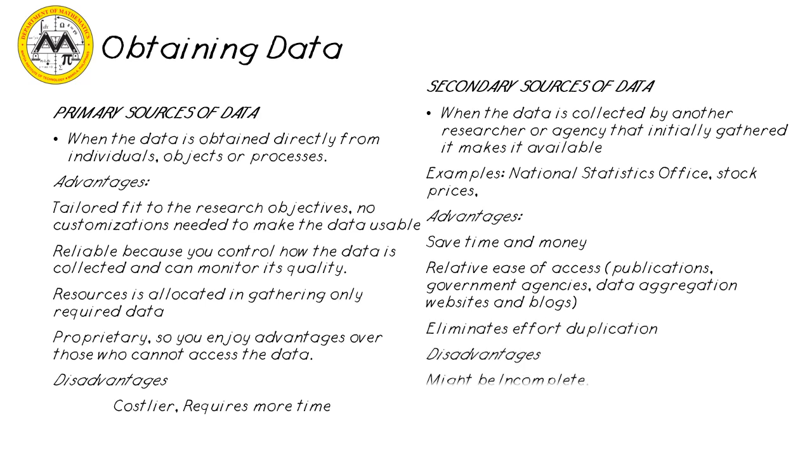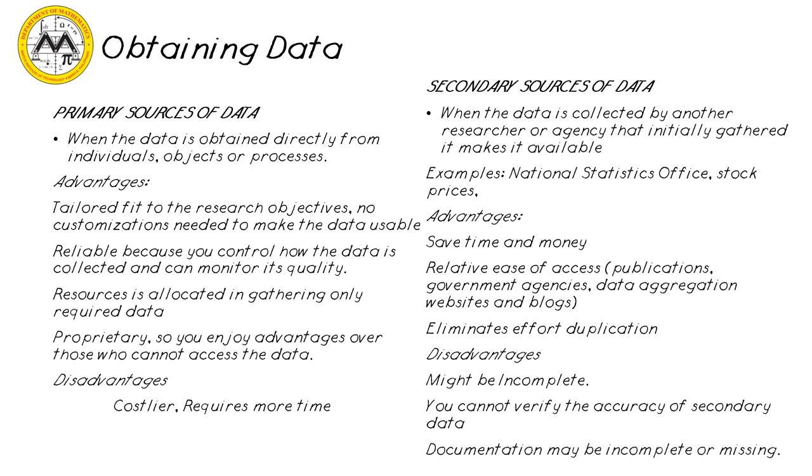Now, the major disadvantage would be the advantages for the primary source of data. So, meaning the data might be incomplete and you cannot verify because you're not the one who gathered the data. The documentation may be also incomplete because you don't know the data collection process.